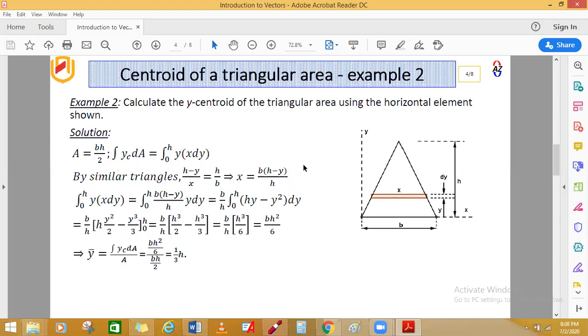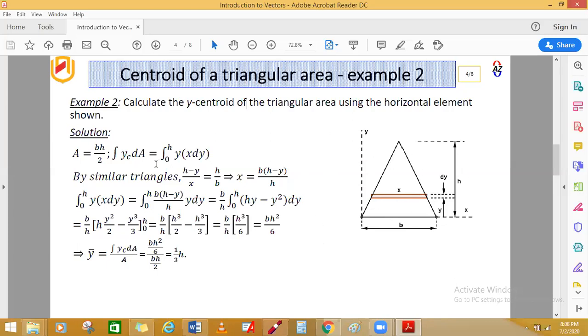Okay, so this is an example where we started. All they're asking here is to calculate the y-centroid for the triangular area by using the horizontal element that they've shown here. Again, just like for the other examples, you are given the shape here.